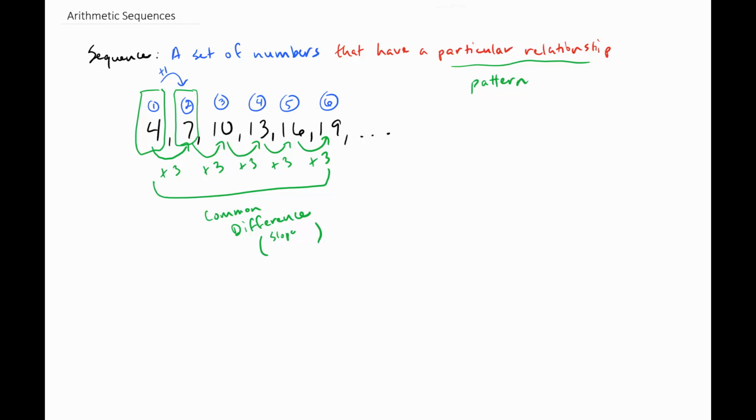All right, so the whole idea is if I, for example, wanted to know what the 6th term is, and I'm going to write it like this, a of 6. Well, I could just start at the first term, 4, and then I have to add 3 a certain number of times.